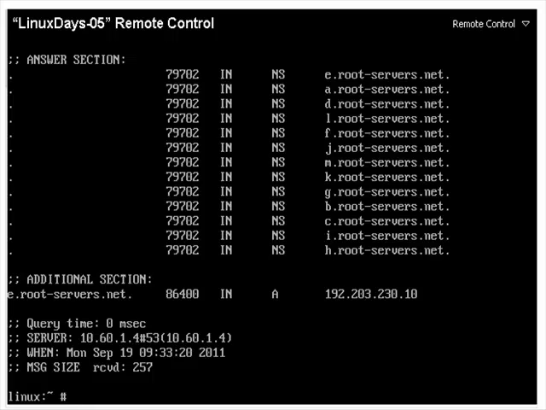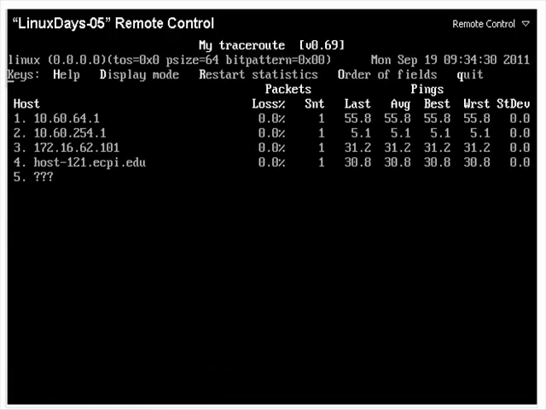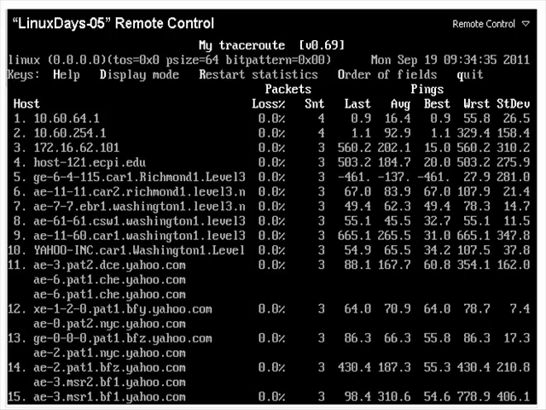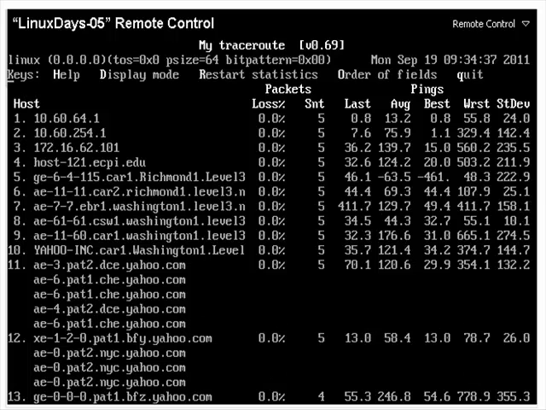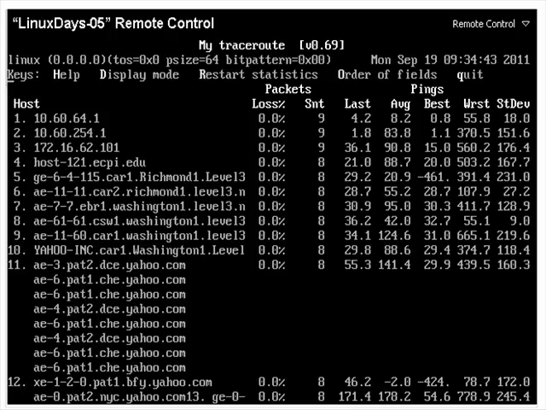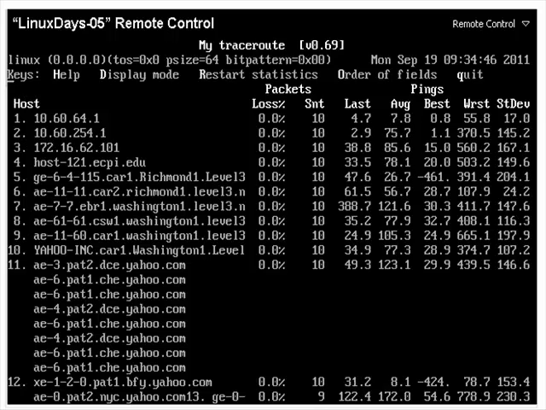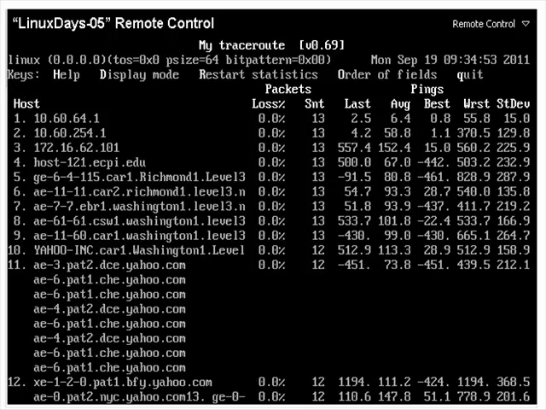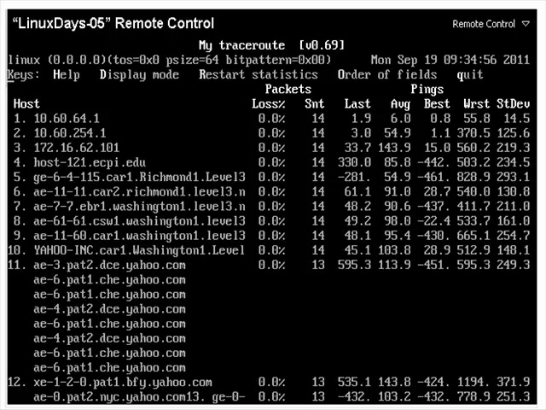MTR is my trace route. See if I can get this one right. Does the tracing, it did it a lot faster than we did in Windows, didn't it? Did it take Windows an awful lot longer to get there? What this does is give us a continuous update of what's going on along that route. How long is it taking to get the replies back? And over here we have a loss, and we have 0% loss, and that's what we want to see.